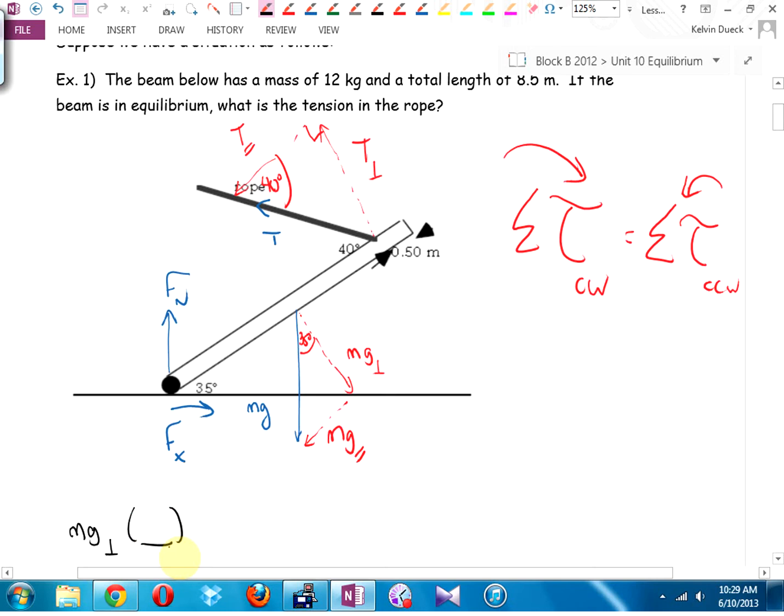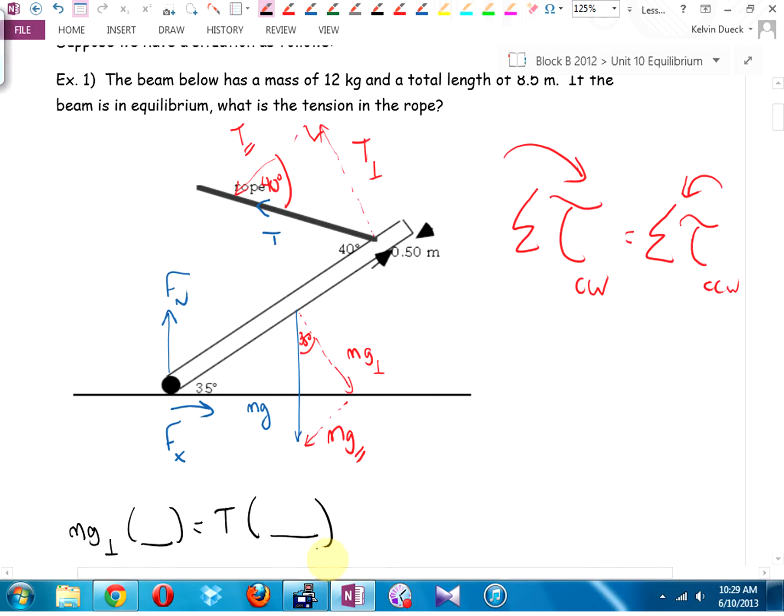I'll figure that out in a second. Are there any other forces that would cause it to spin clockwise? These two won't exert any torque because they're right on the pivot point. Just that guy. What forces would exert a torque counterclockwise? Tension perpendicular times its distance from the pivot.